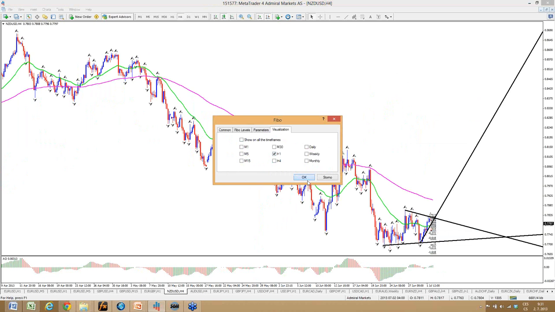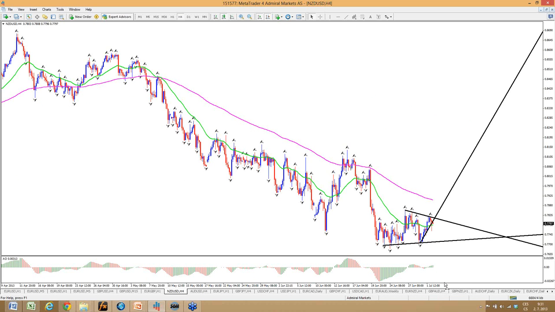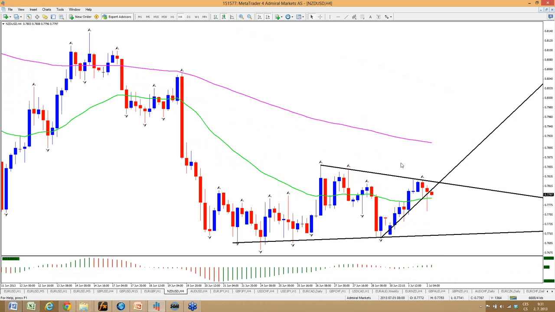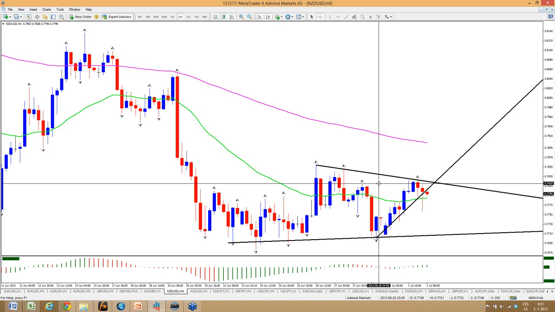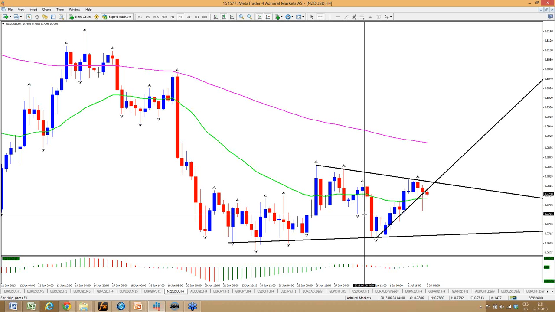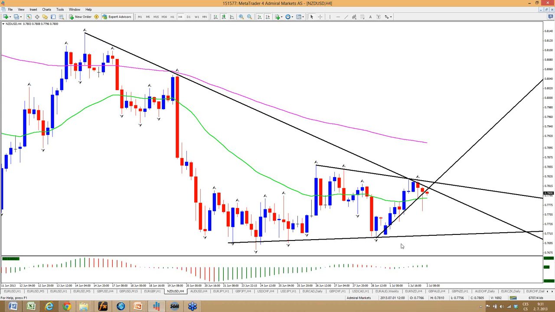Let me just put this on a 1 hour chart. Take a look at the 4 hour world. Just taking a look at this 4-hour chart here. Still in the downtrend if you connect those tops.